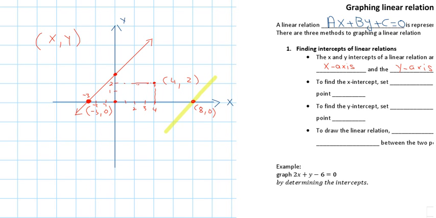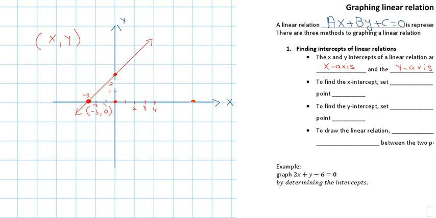I'm just going to erase these because they don't belong to my line, but I was showing you some examples. So, for the x-intercept, what's the value of y? 0. So anytime you're finding the x-intercept, you set y equal to 0.